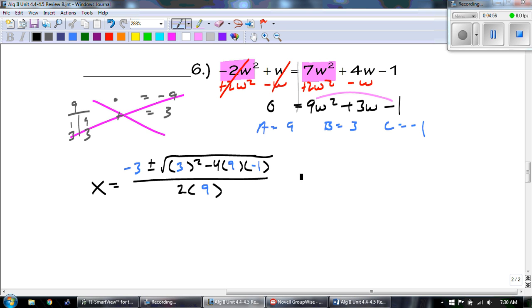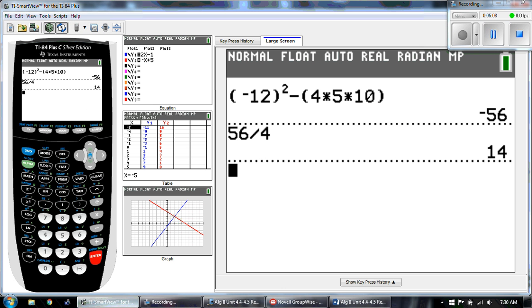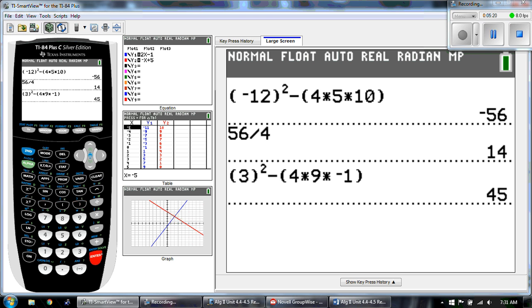Okay? So we have negative 3 plus or minus the square root, and then 2 times 9 is 18. All right, so underneath the square root, we have 3 squared minus 4 times A times C, and we get 45.